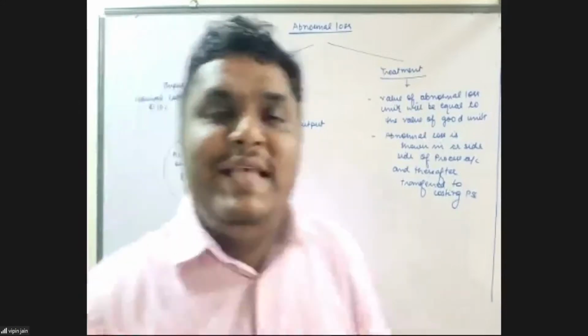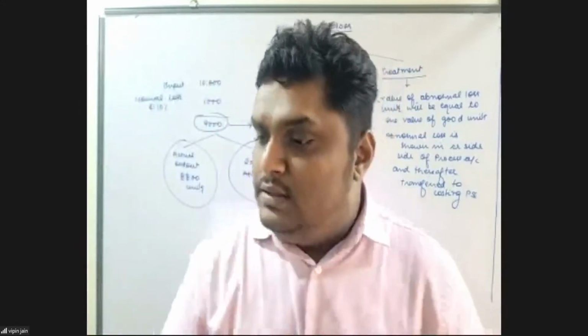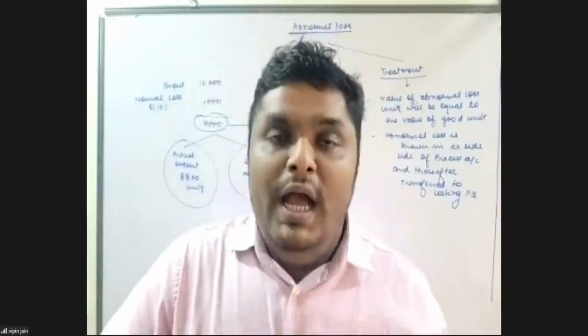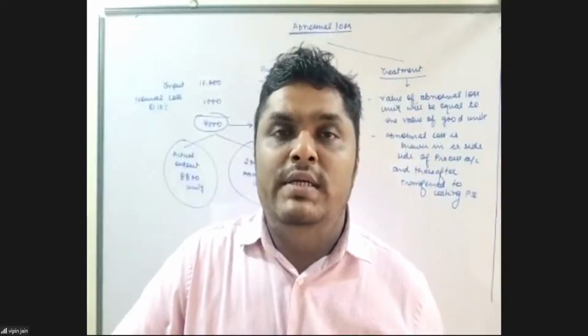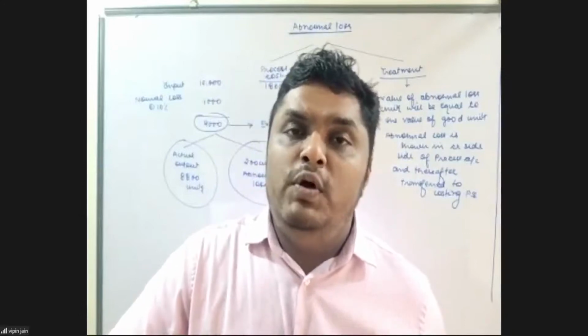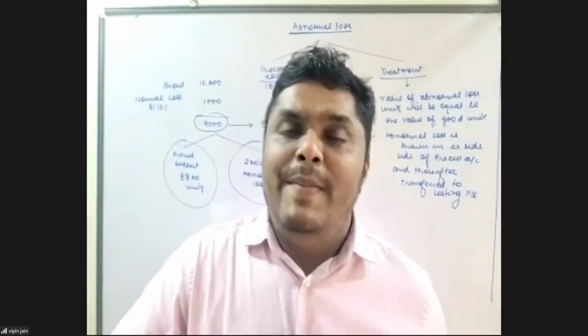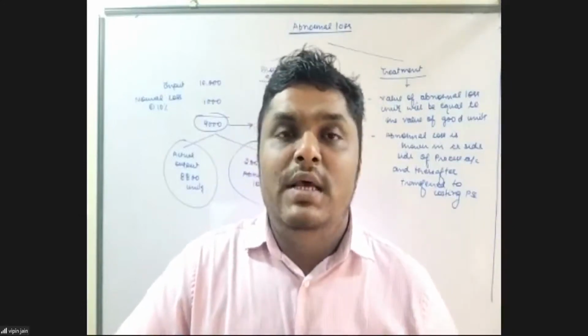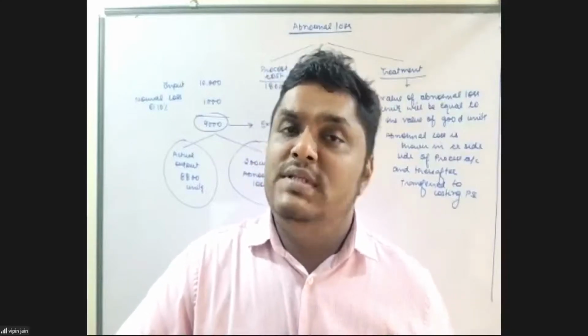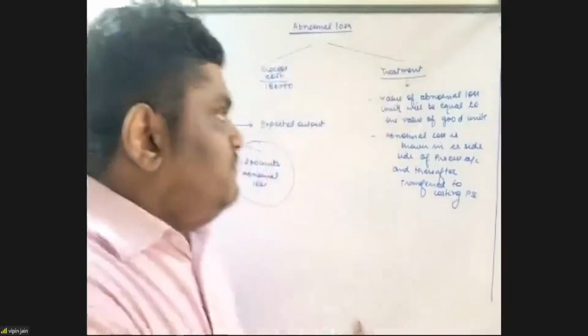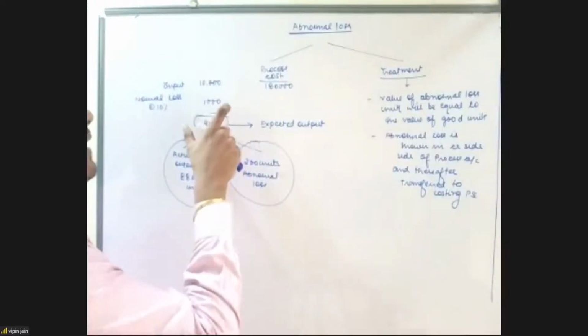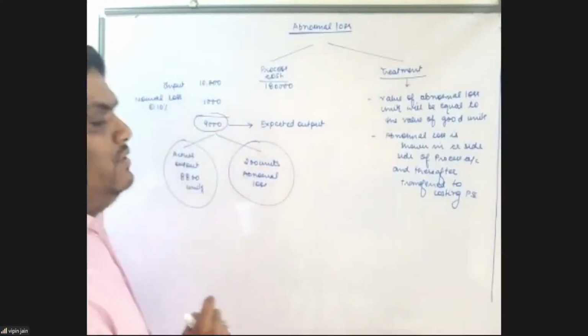I repeat again, guys, I have made an input of 10,000 units, and I was expecting an output of 9,000 units because the management has predicted well in advance that there will be a 10% normal loss of input. So herein, my expected output is 9,000.